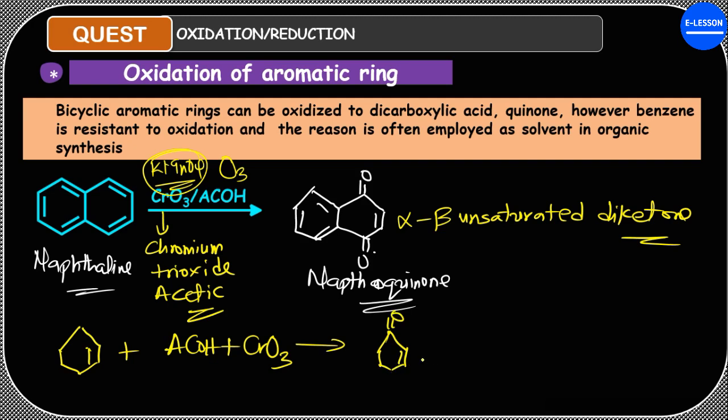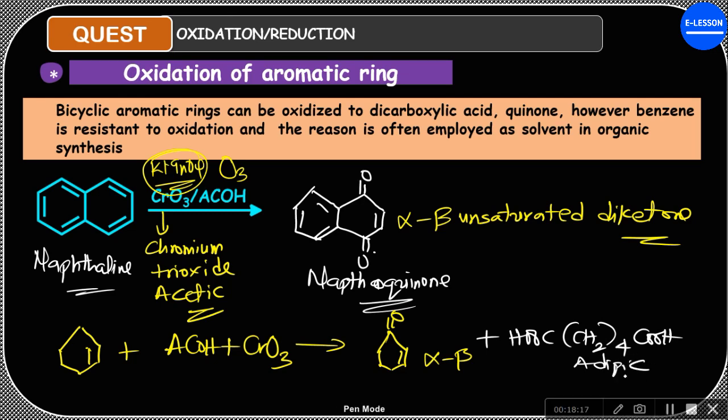I said it is one of the methods of converting alkenes to alpha beta unsaturated compound, and it will also form adipic acid. Can you remember now? We said there will be cleavage of the bond to form adipic acid, right? So the same thing is what we are doing here. So that is basically that for this question, and that will be that for this lecture.